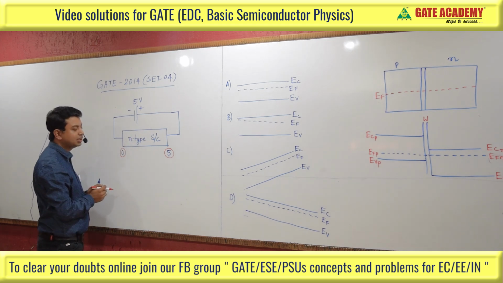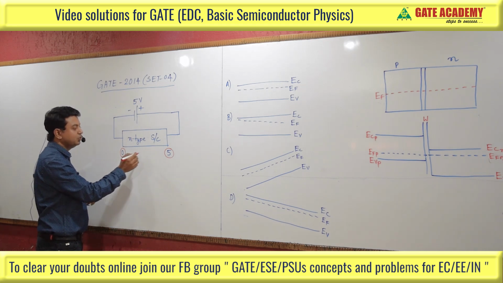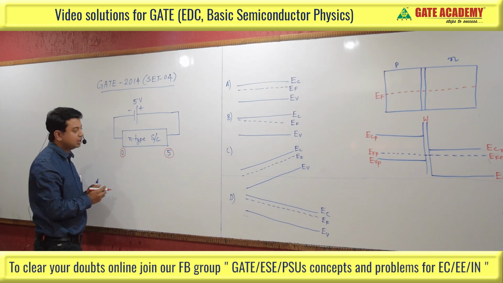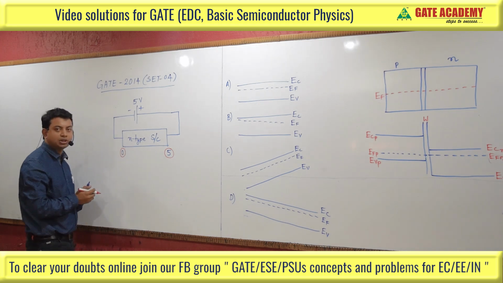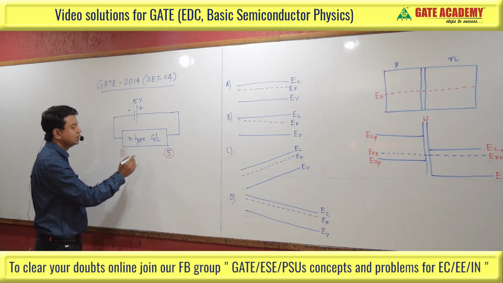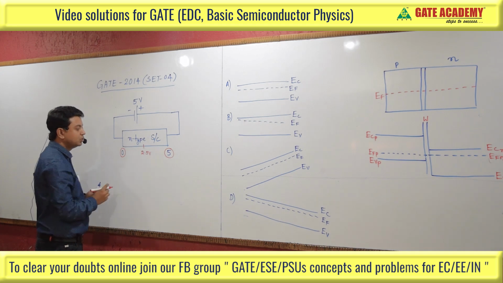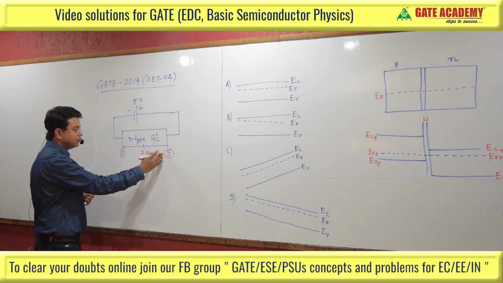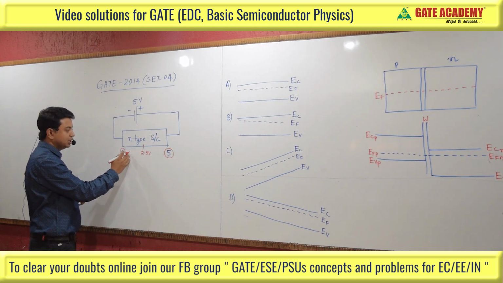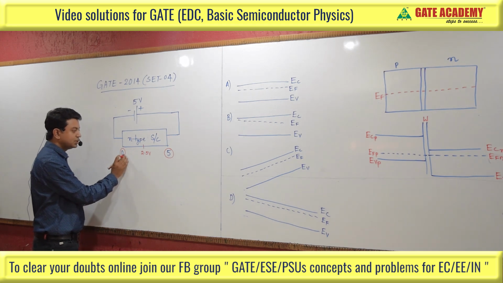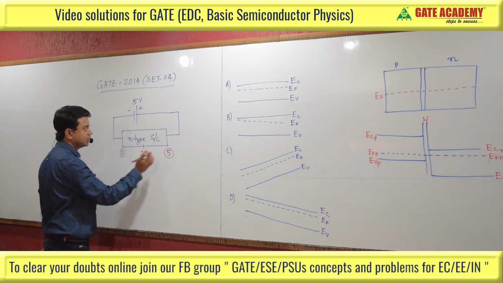That means we can say this 5 volt is uniformly distributed through the length of the semiconductor. If 5 volt is uniformly distributed through the length, then at the center of this semiconductor we may have a voltage equal to 2.5 volt. So the whole 5 volt is distributed in this semiconductor, which has the lowest magnitude on the left side and the highest magnitude on the right side.